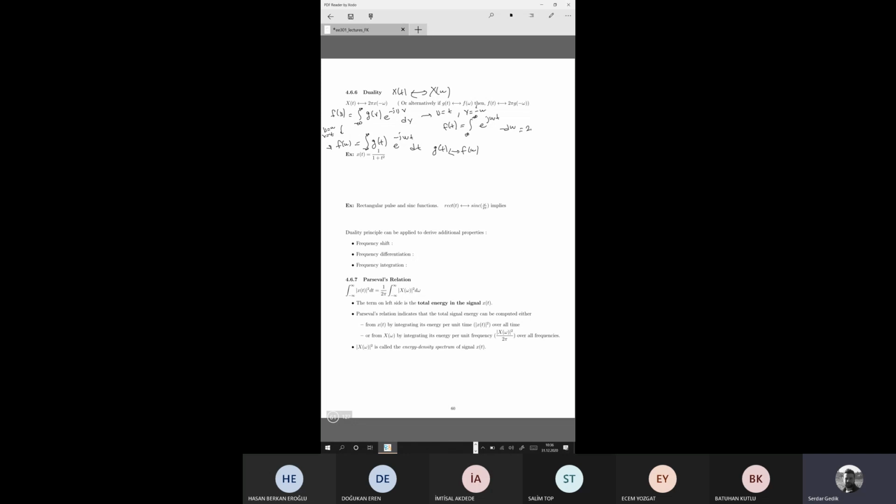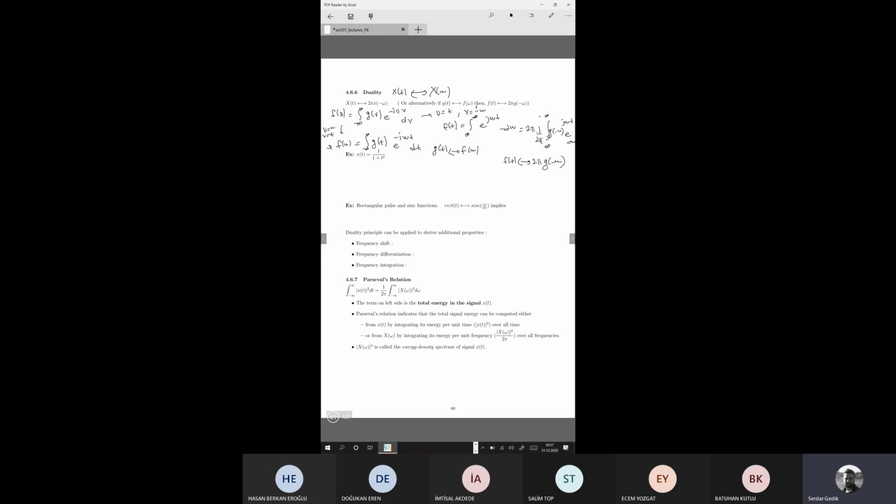This is nothing but 2π times 1 over 2π, the integral from minus infinity to plus infinity of g(-ω) e^(jωt) dω. So this again tells you that f(t) and 2π g(-ω) are Fourier transform pairs.